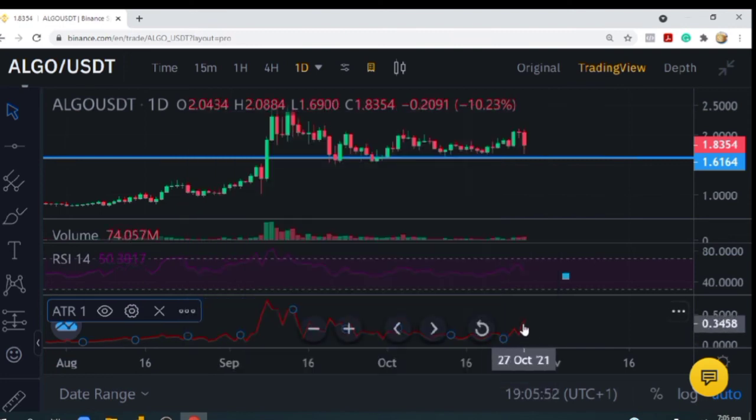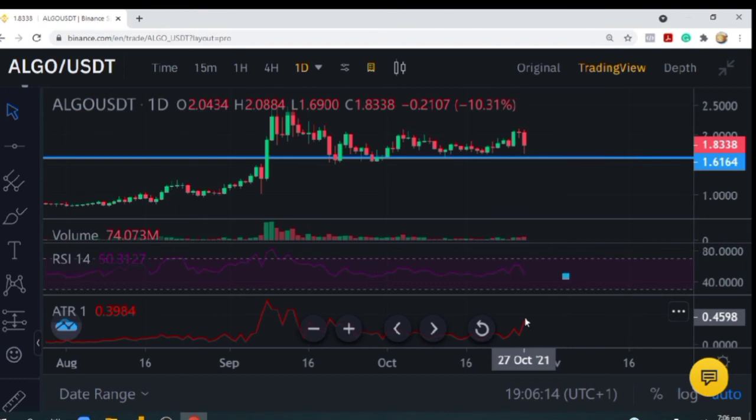The amount that ATR can change in 1 day is 0.39. So we have identified that the price can go down by 0.39 in 1 day, or the price can go up by 0.39 in 1 day.